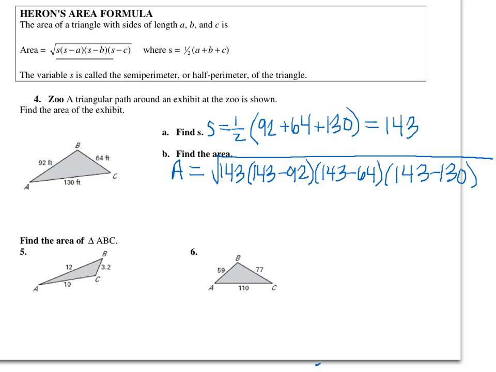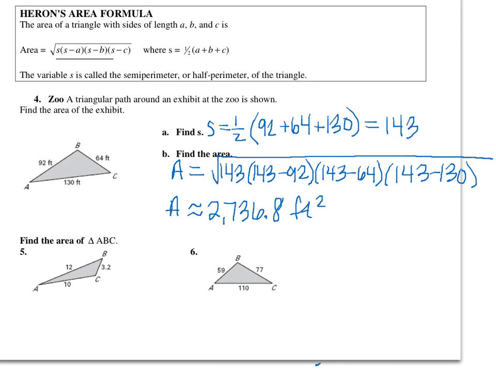When you put this into your calculator, when you put your square root sign in first, it'll open a parenthesis. So then you do 143 times and then put your parentheses, just like all of these have the parentheses, and then put one extra closing parenthesis at the end. So you should put this in your calculator, pause the video, and try it. Okay, you should get that the area is about equal to 2,736.8 feet squared.